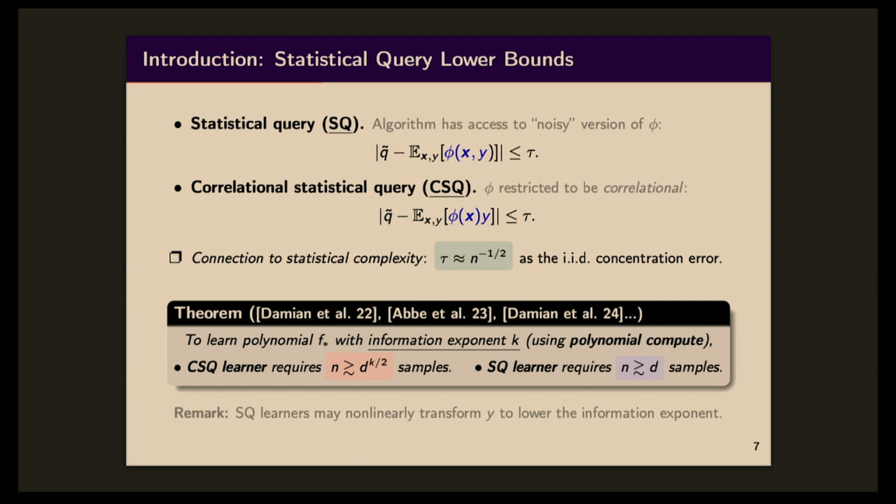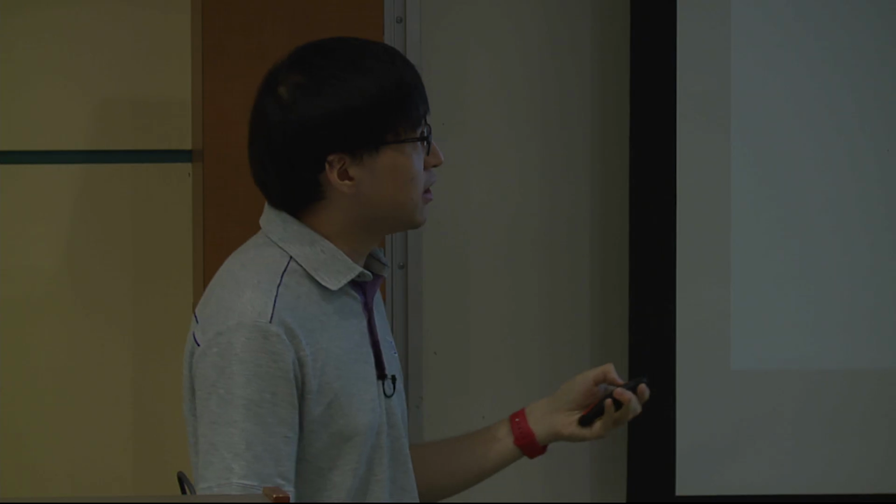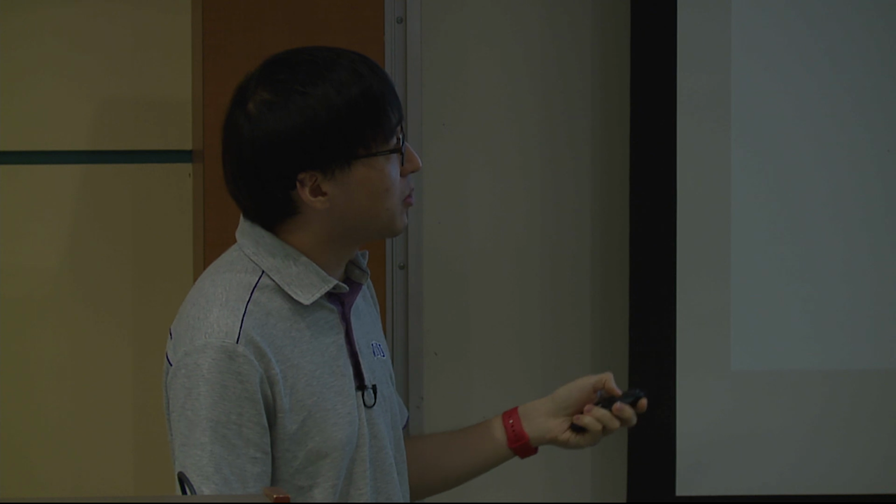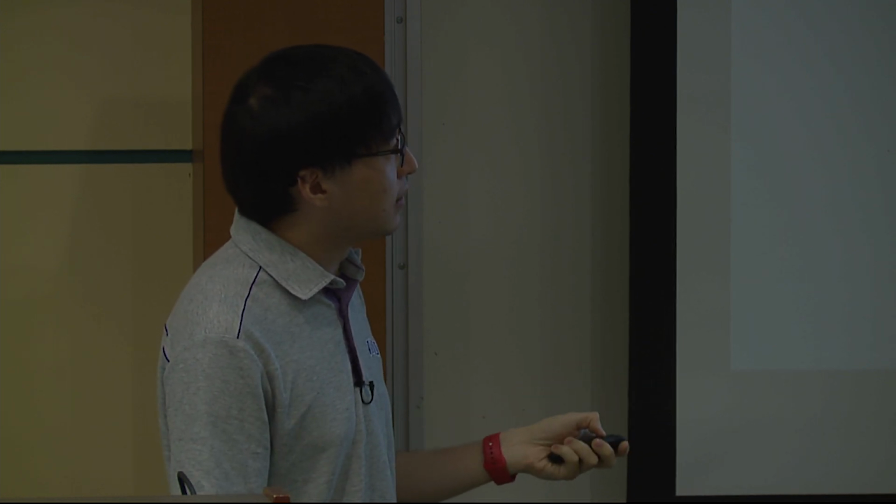Whereas in CSQ, you cannot change y, but you can define your function phi that acts on x. This additional degree of freedom to transform y turns out to be key to lowering the sample complexity for the SQ learner. Okay, any other questions?